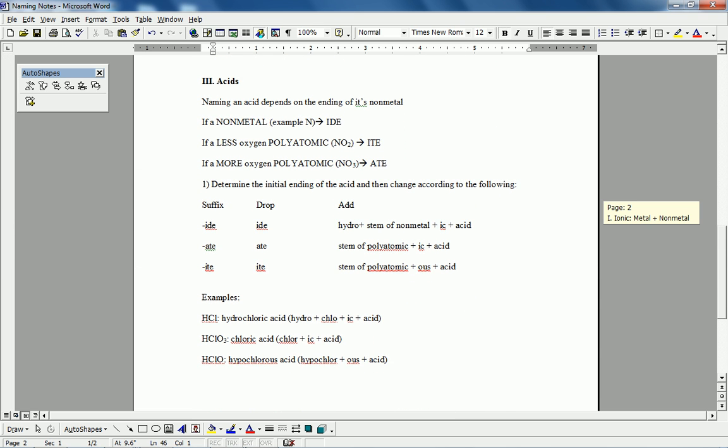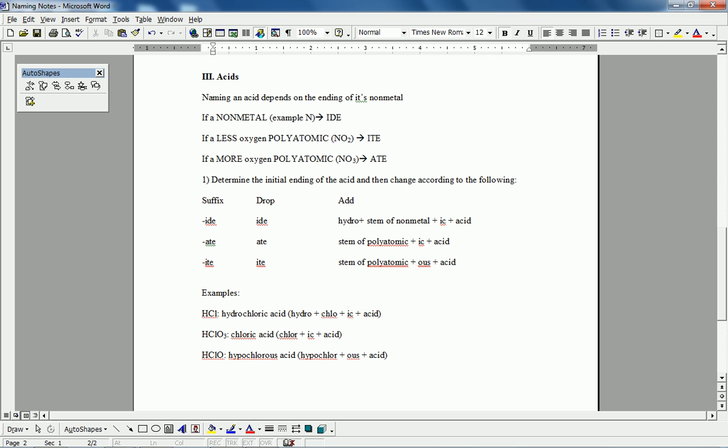And last but not least are the acids, and the acids are the ones that do give people fits. You will look at an acid as a compound containing hydrogen as its main cation. You will see if the hydrogen is paired up with just a regular nonmetal, like HF or HCl, or if the H is paired up with a polyatomic like NO2, or a polyatomic like NO3.